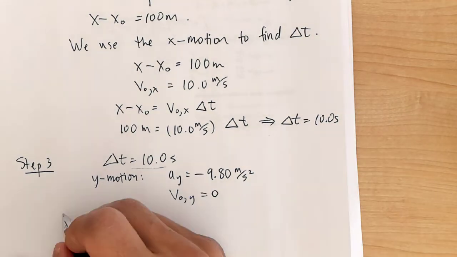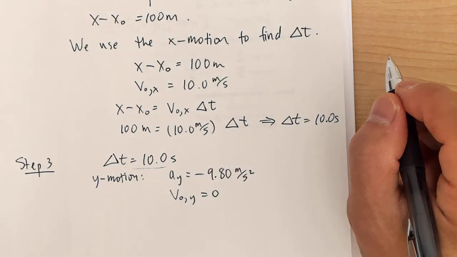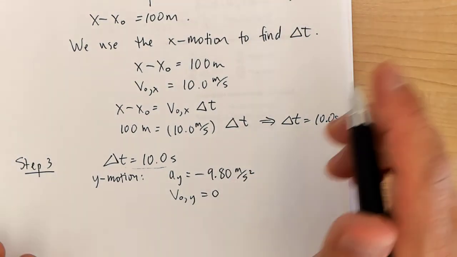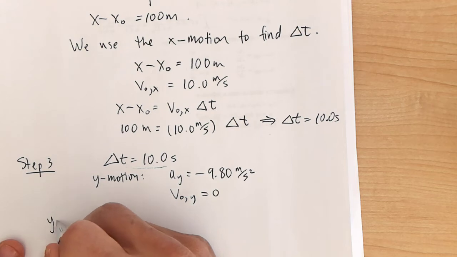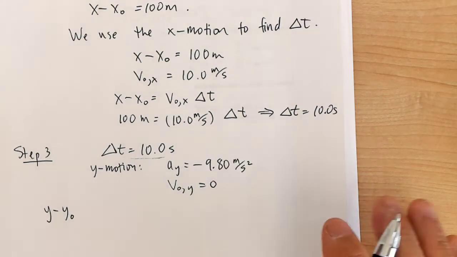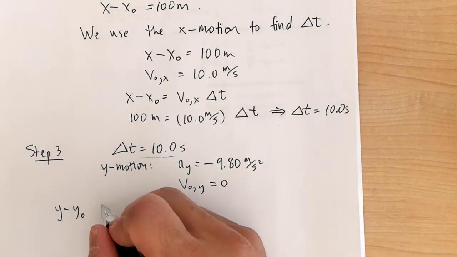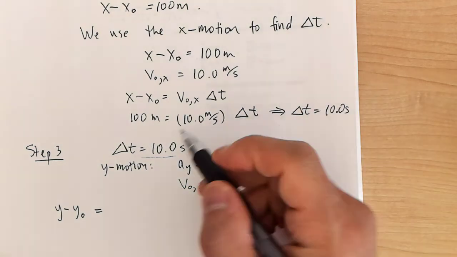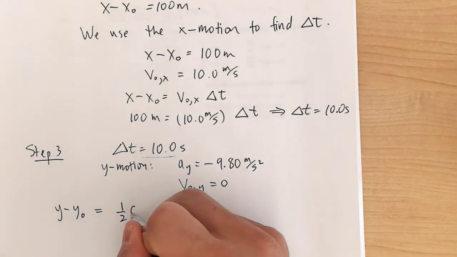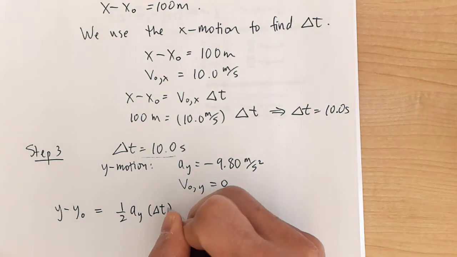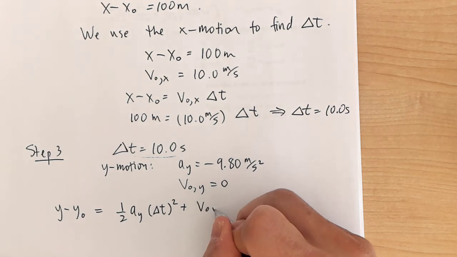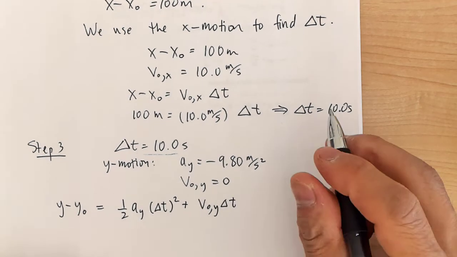Okay. So now we're going to need to figure out how high the cliff is. So if we know the displacement in the y direction, that will tell us how high the cliff is relative to the ground. So y minus y0, then we have delta t, so let's use the 1/2 ay delta t squared formula plus v0y delta t.